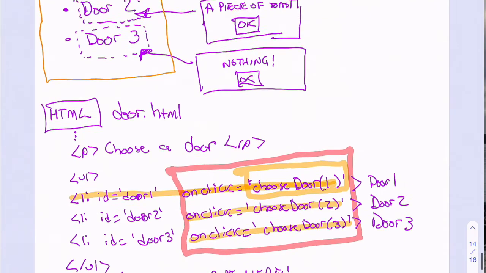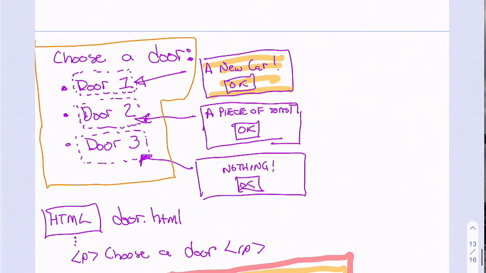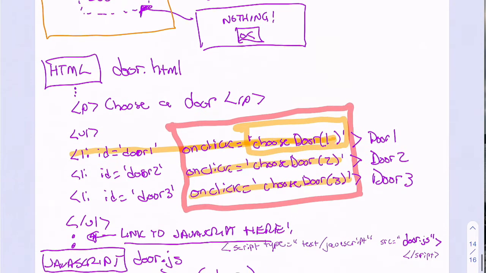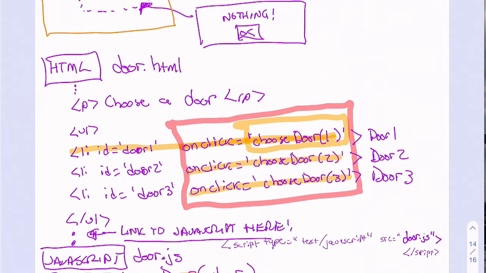So could we still have this behavior of being able to click on doors, list items, and be able to get those alert boxes without embedding JavaScript in the HTML? And the answer is, you bet we can. Actually, we can do that a couple of ways.